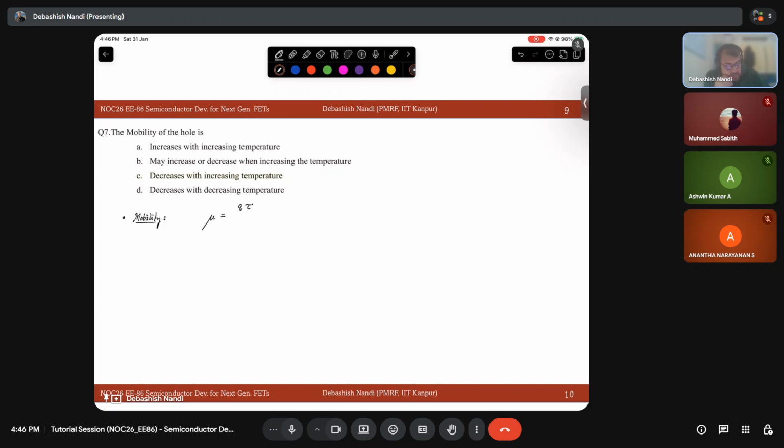Have you seen something like this equation? Ease of movement of free carriers in any material.